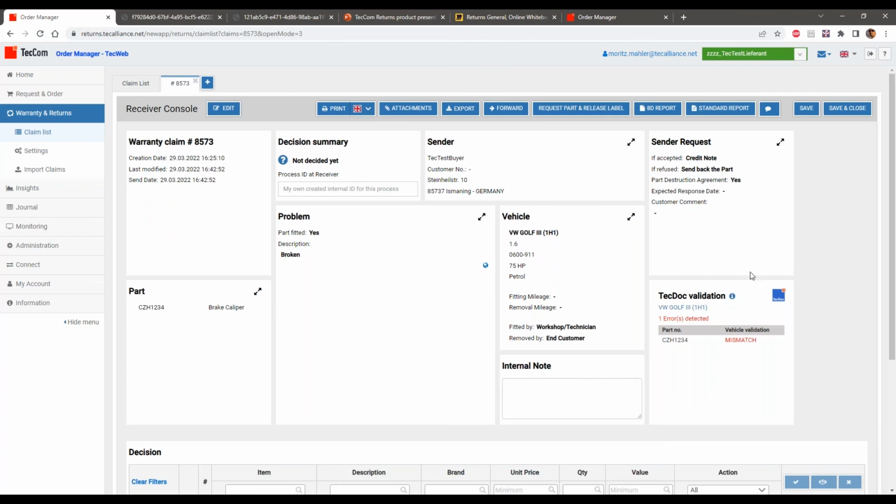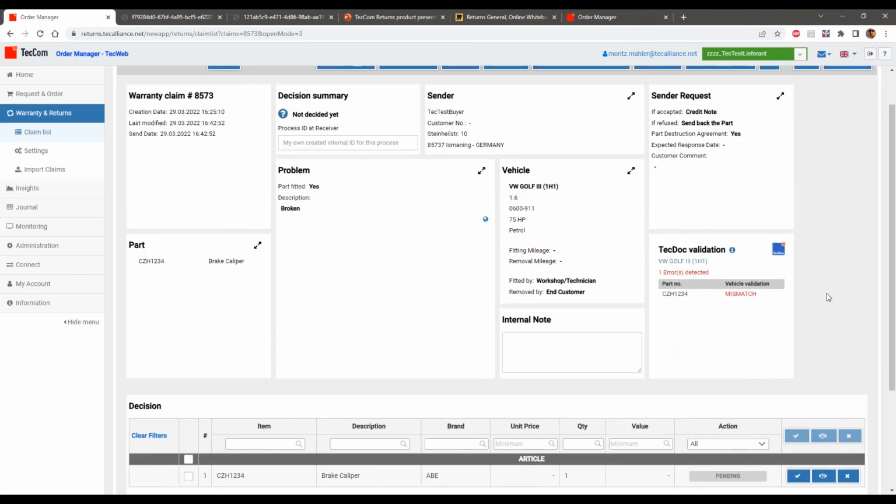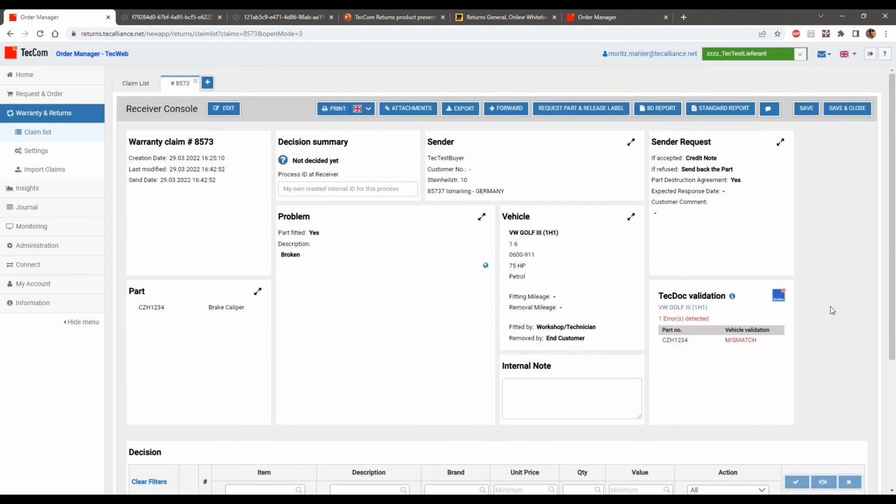And I have a really cool feature here. It's called TecDoc validation. Again, our friends from TecDoc gave us here the possibility to use their web service in a way which was, I think, not used before.